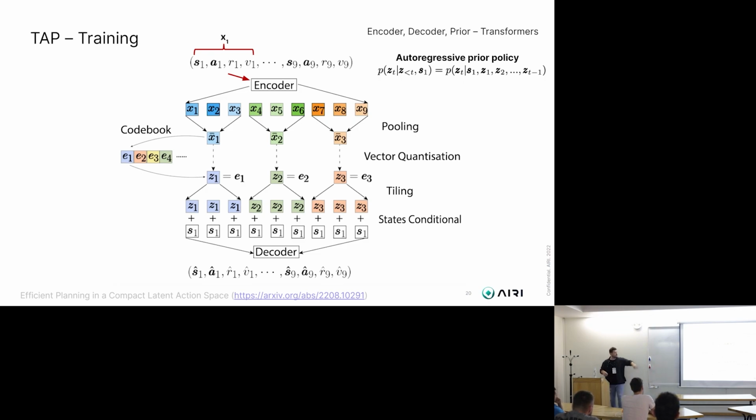Then using these Z tokens, they again tile them to match the input size, concatenate the initial state conditions, and pass it to the decoder. And then they decode the whole trajectory. So starting just from this part, they encode the whole trajectory, and you can apply this trajectory on a real robot. And as you see here, you cannot split the model and the policy, because here you have to predict the next state.